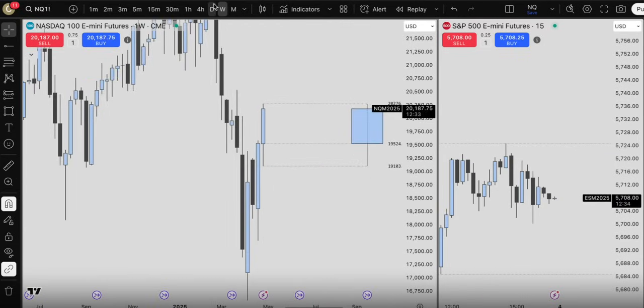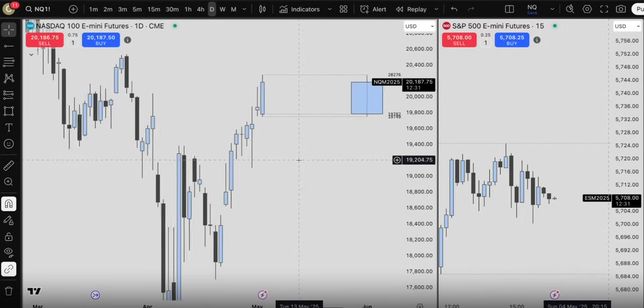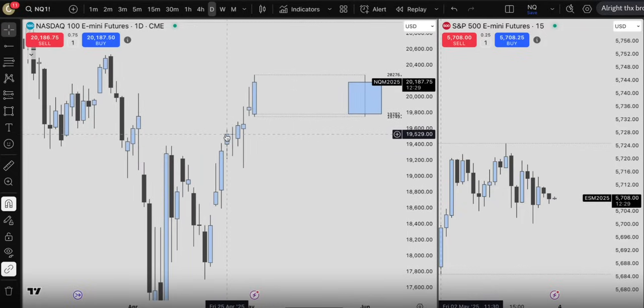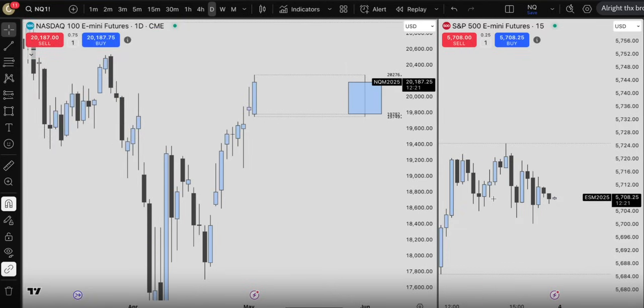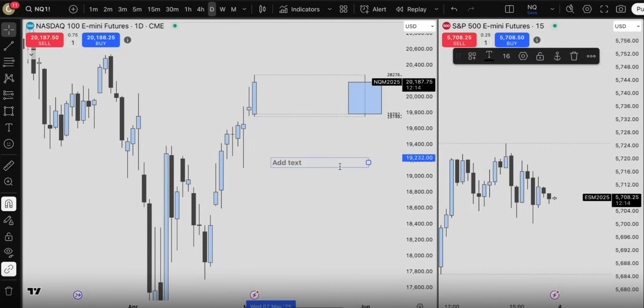On the daily time frame, if price closes above previous day high, target previous day high. That's a bullish continuation. Price closes below previous day low, target previous day low. That's a bearish continuation.